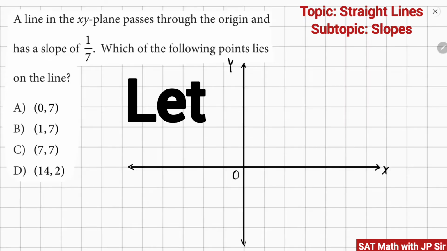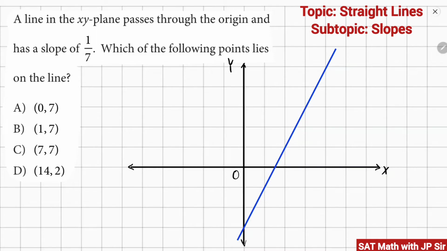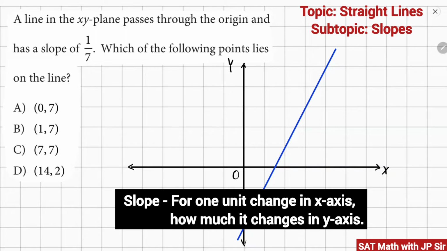Okay, so this is a graph and this is a straight line. So what is the slope of this line? Now slope of a line means for 1 unit change in x-axis, how much it changes in y-axis. So this is 0, this is 1, 2, 3, 4, 5, 6, and 1, 2, 3, 4.